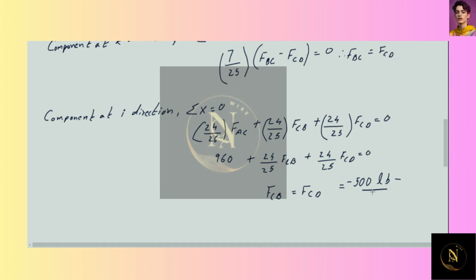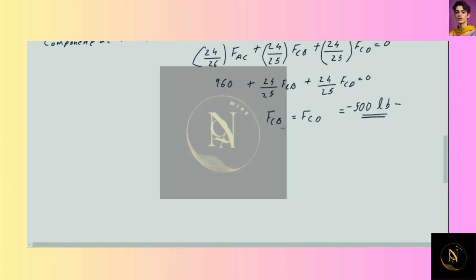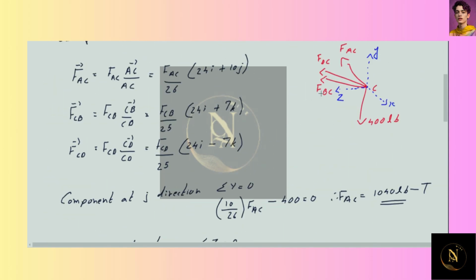You can see here FCB is actually going outward, but the sign here is minus, that indicates the actual direction is opposite to the direction we have given.